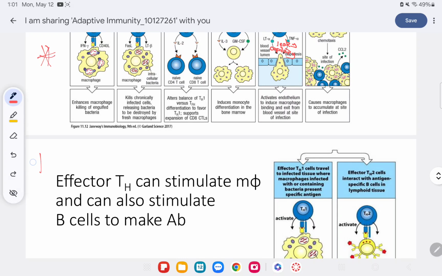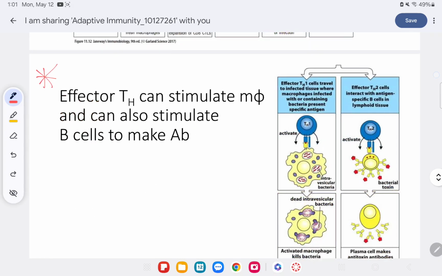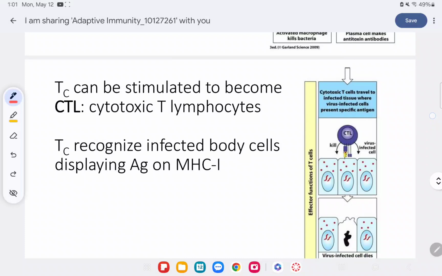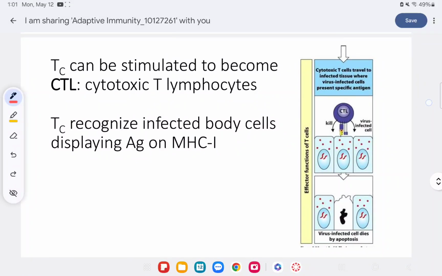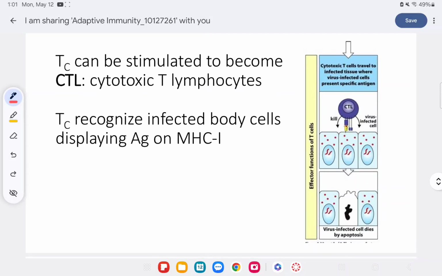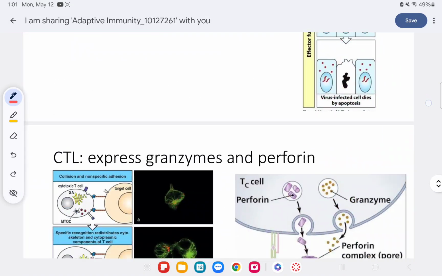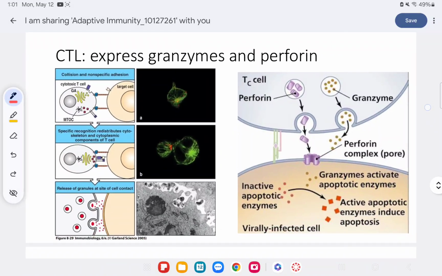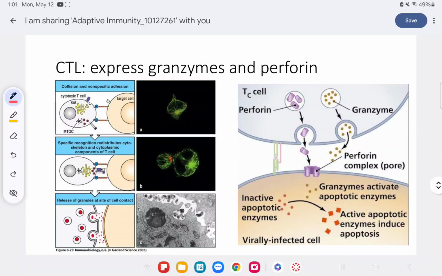Cytotoxic T cells are going to kill a particular infected body cell, anything displaying a foreign antigen on its surface. It will do so by associating with the MHC type 1, and what this picture is supposed to show you is the nucleus, and near it the rough ER and the Golgi.